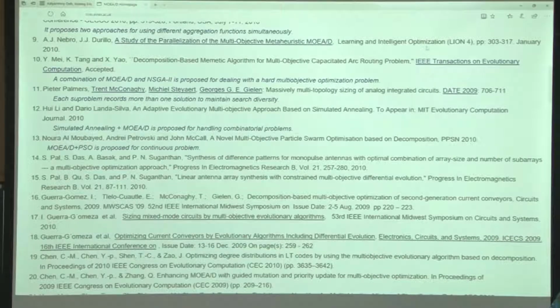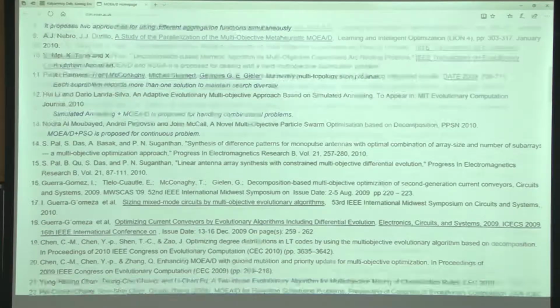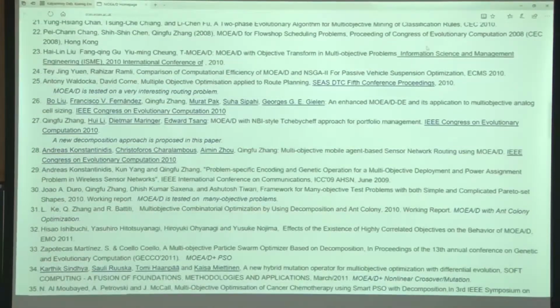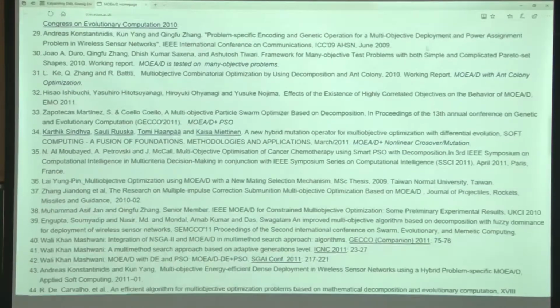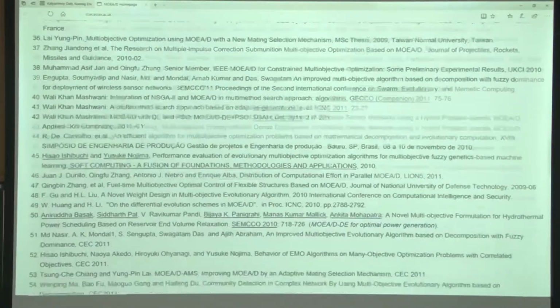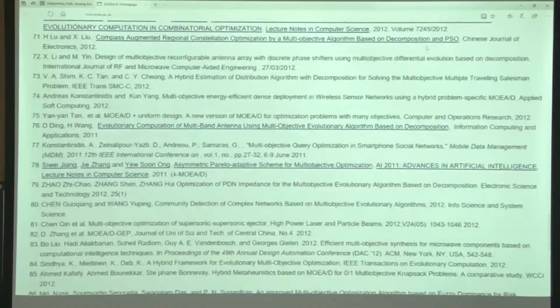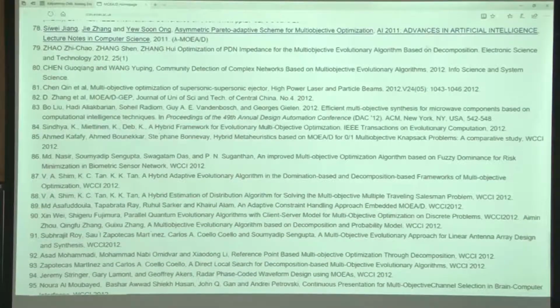This is a MOEA/D for combinatorial problems, which we tried once and it was not very good. But I don't know, he probably has a better one now. So you can see he has quite a few papers and implementations.